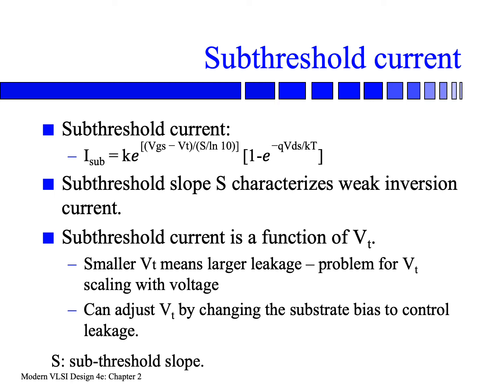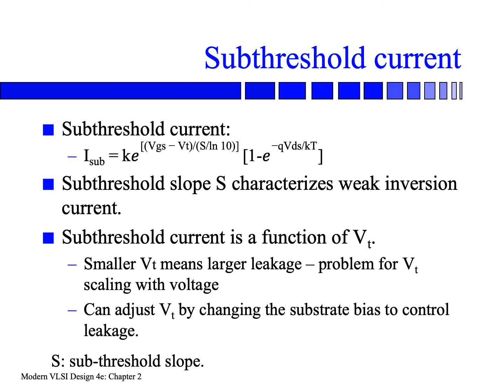So a smaller VT means larger leakage. This is important because if we reduce the threshold voltage, we end up with larger leakage. That's the major barrier for us to reduce the supply voltage. I'm going to talk about this later.